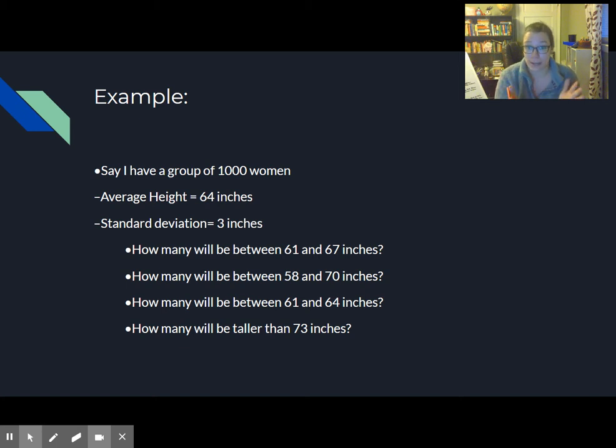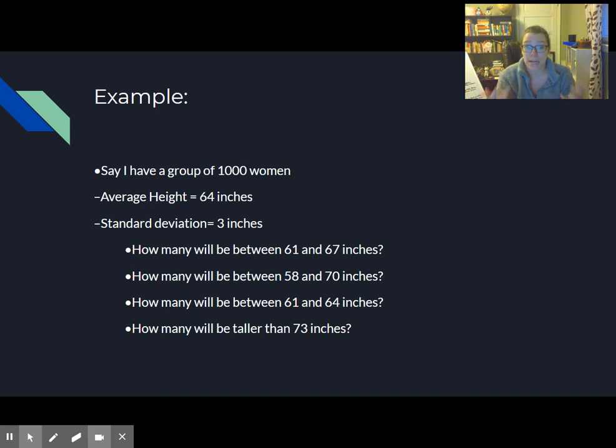Well, that's one standard deviation away from the mean. So 64 is our mean. Subtract 3, it gives us 61. Add 3 gives us 67. 68% of all women in this sample will fall within that 61 to 67.